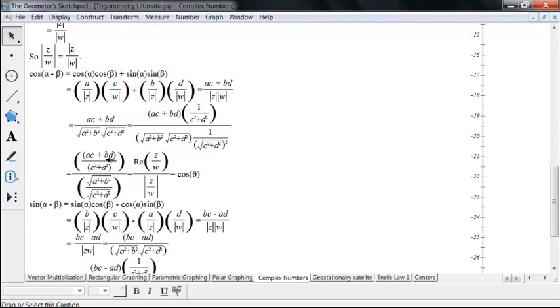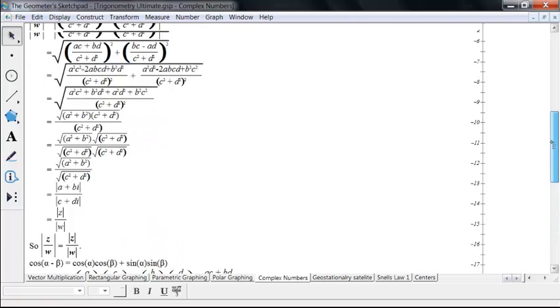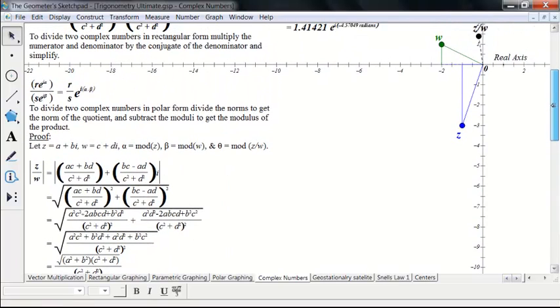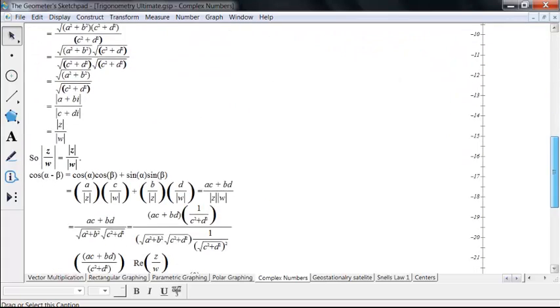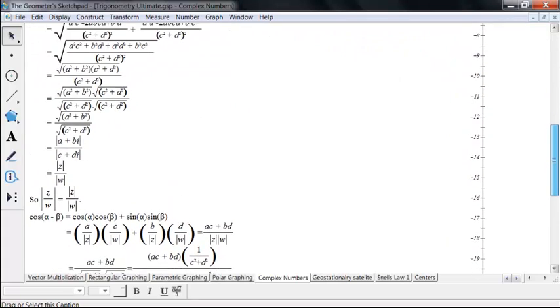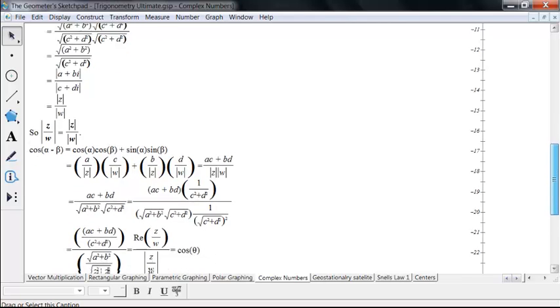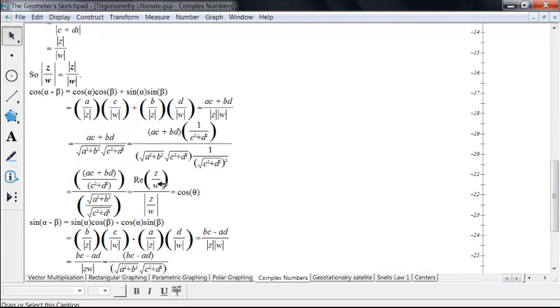And if you look right here, AC plus BD over the square of C plus square of D, that's exactly the real part of this quotient. So what we have is the real part of the quotient z over w divided by the norm of z over w, and that's exactly the cosine of that angle theta.